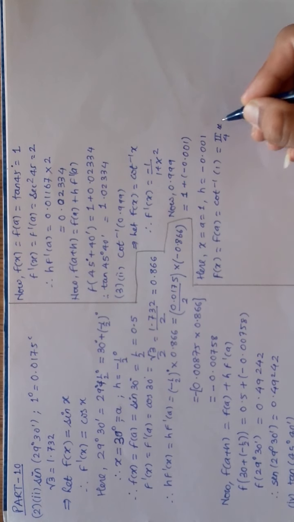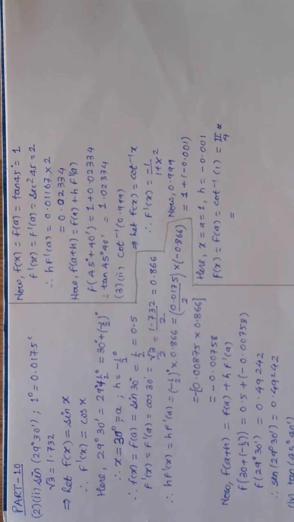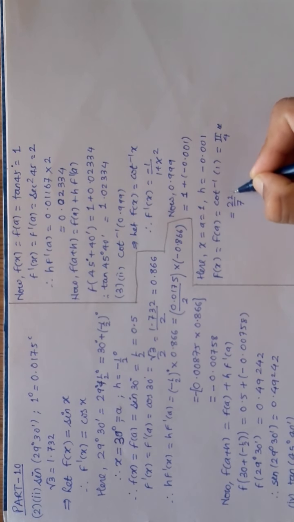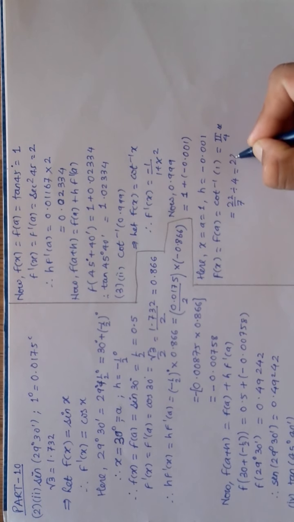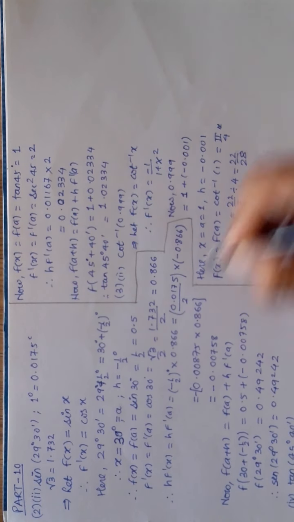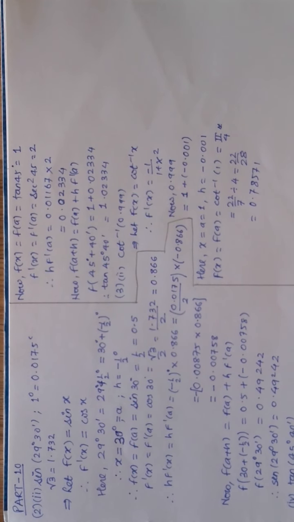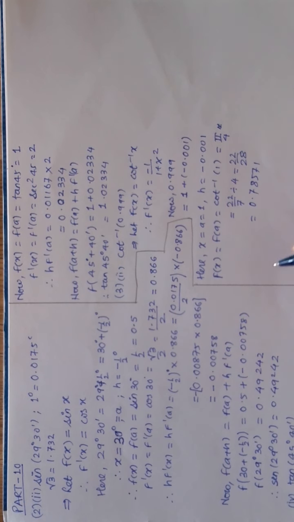So pi by 4, you can take it as 3.14 and divide, or you take 22 by 7. That will become 22 by 7 divided by 4, which is nothing but 22 by 28, equal to 0.78571.